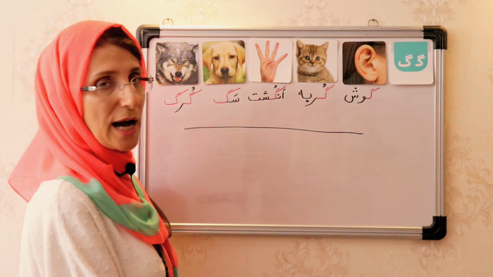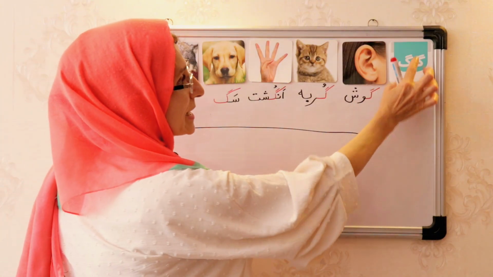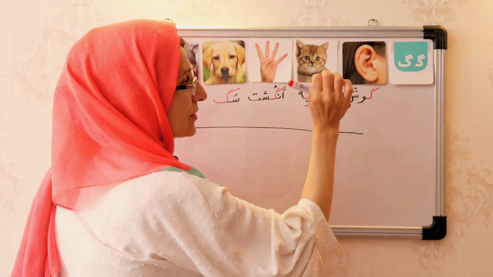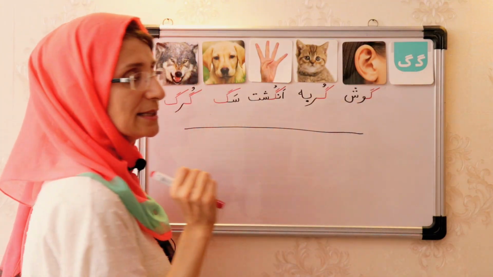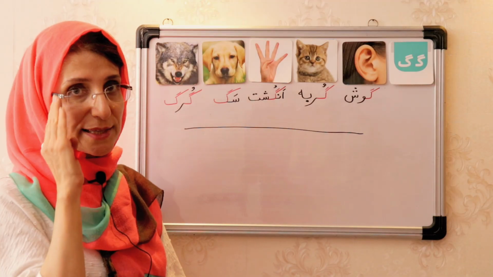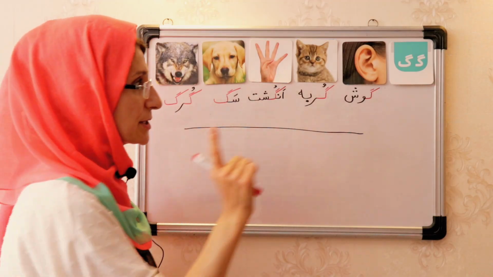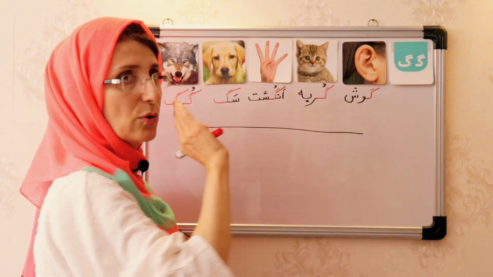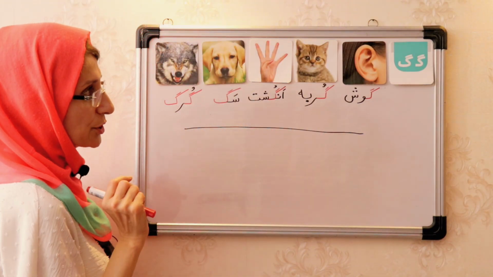Let me show you how to write G. G غیر آخر, G آخر. G غیر آخر is written in the middle or at the beginning of a word, but this G آخر is always at the end of the word.